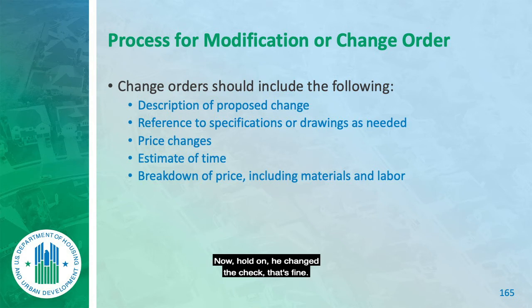Now, hold on, he changed the check. That's fine. I now know that he is upset about the $15,000. How's he going to get that $15,000? Sue me, because we're done. Project's complete. Did he sue? No. Would it cost him more money? And frankly, he was just trying to get money. It was all covered otherwise.